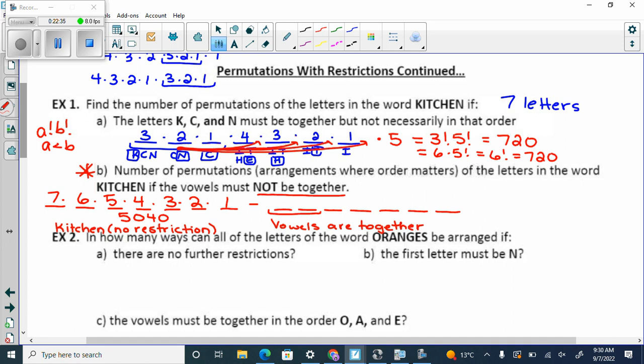How many options do I have for the first blank? 2. Then I hold one of the vowels, so how many do I have for the next one? 1. And I've used up 2 letters. So how many letters do I have left for the last blanks? I've used up 2. How many do I have left for this one? 5, then 4, then 2, 1.